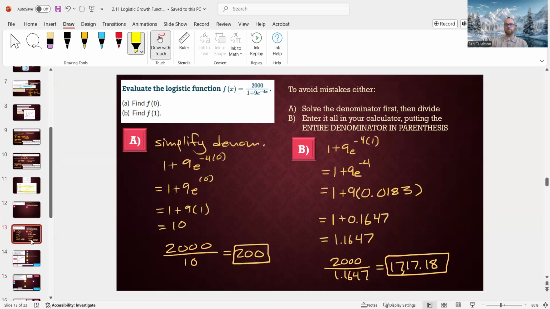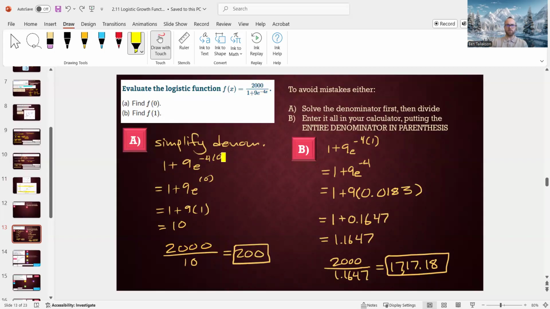Okay, f of 0. I'm just kind of ignoring the numerator for now. If you want to write it every time, do it. But I know I basically need to do all my work in the denominator, and then I can bring in that numerator later.